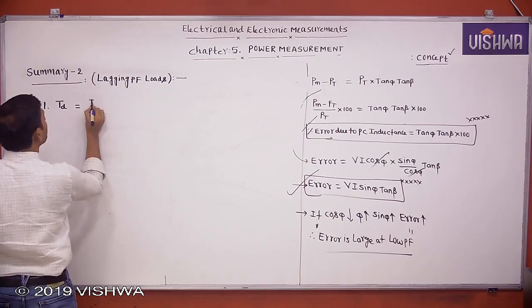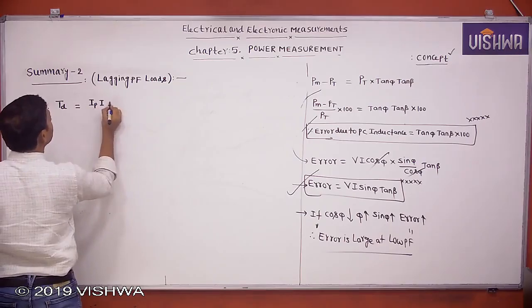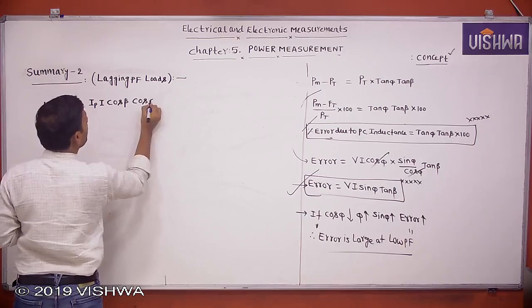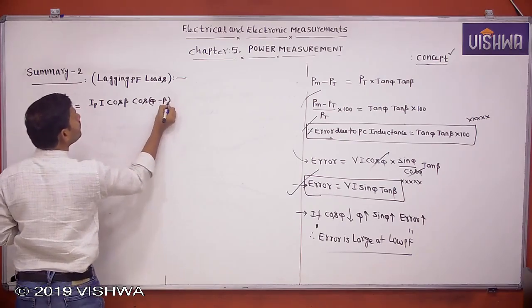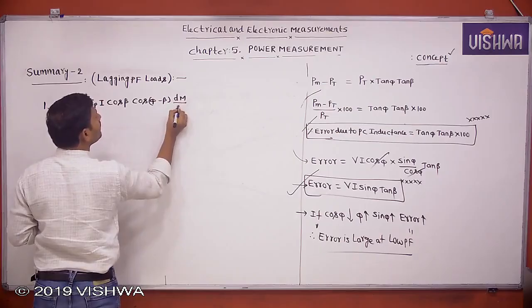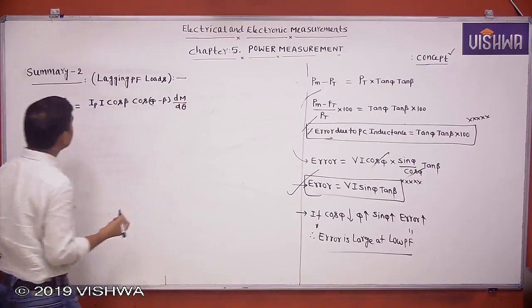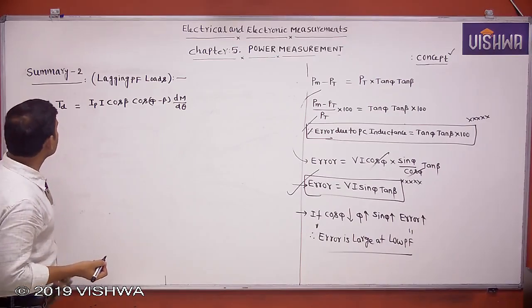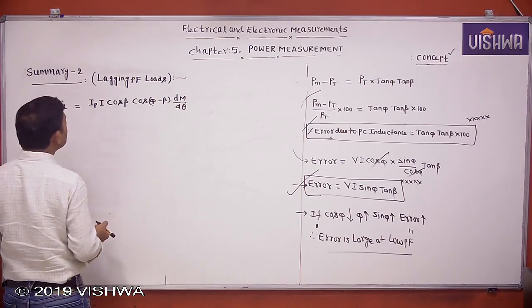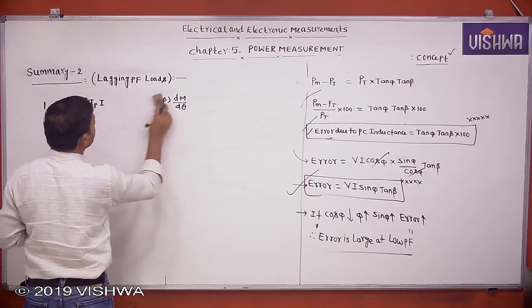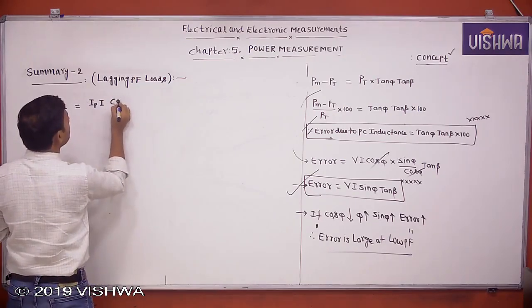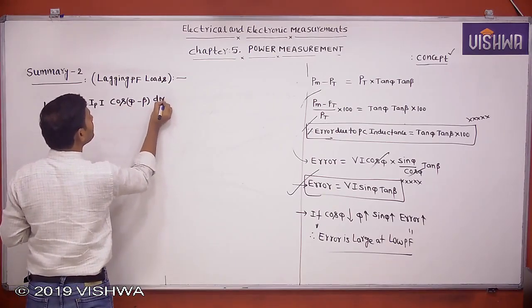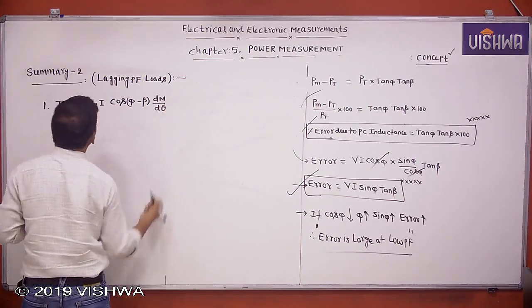This is IP into I into cos of pi minus beta into dM by d theta. Okay, this equation I already given.